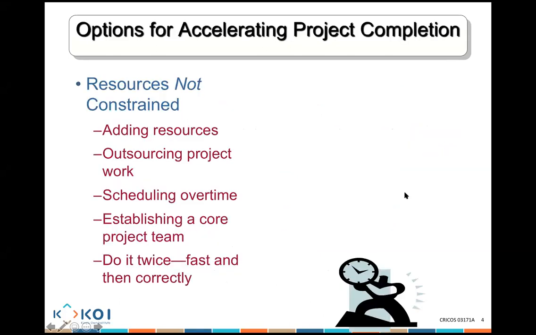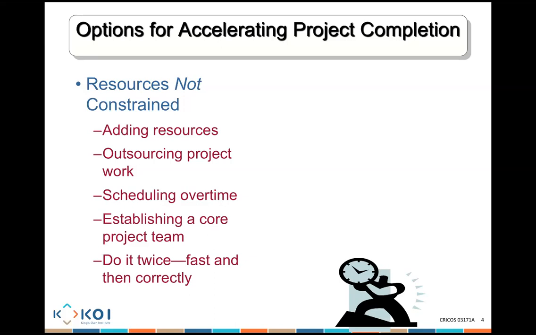So ladies and gentlemen, there are things we try to do. What can we do if we want to accelerate the completion of the project? Well, it really depends on whether you have a resource-constrained project or you don't. If you don't have a resource constraint, if you have as many resources as you need, the very easy thing for me to do to finish my project earlier is to add extra resources.